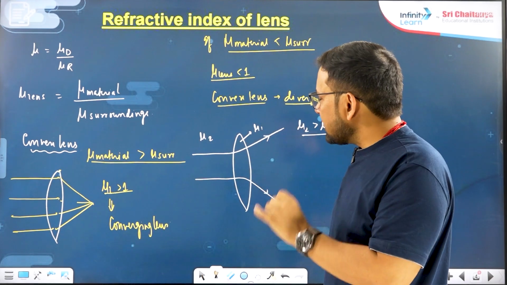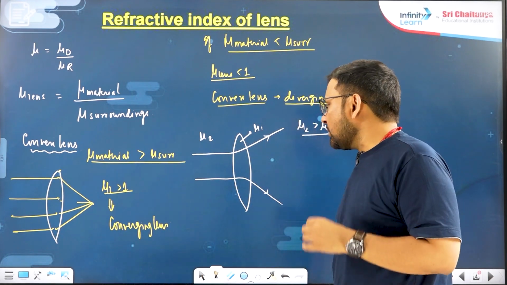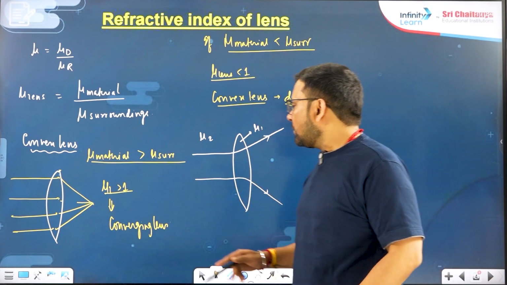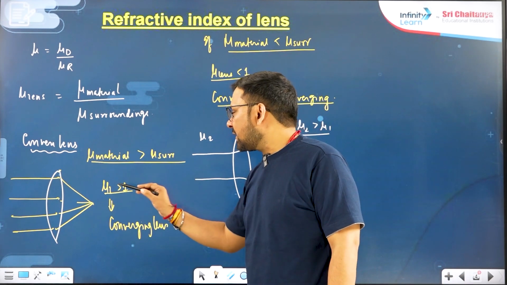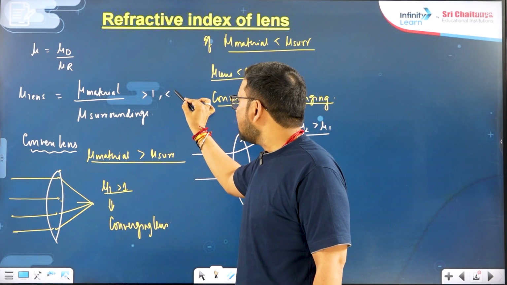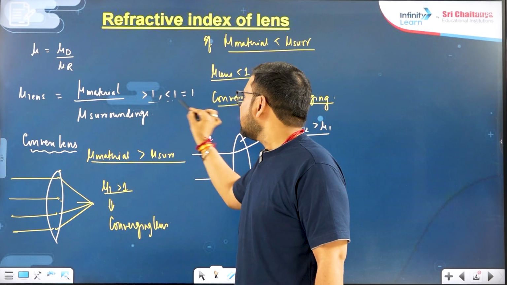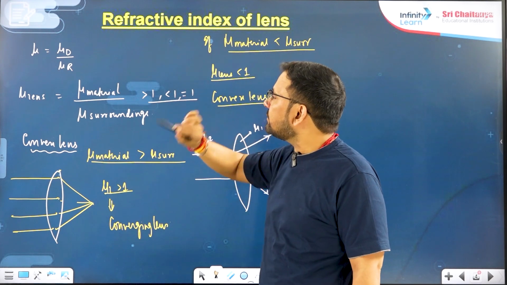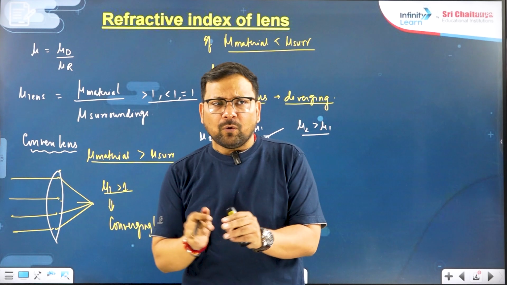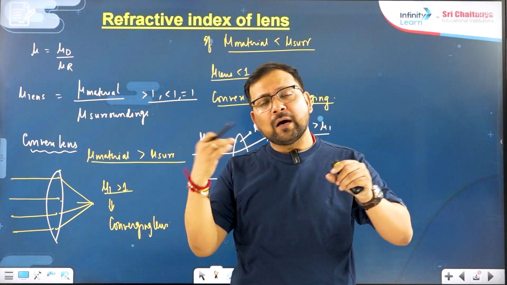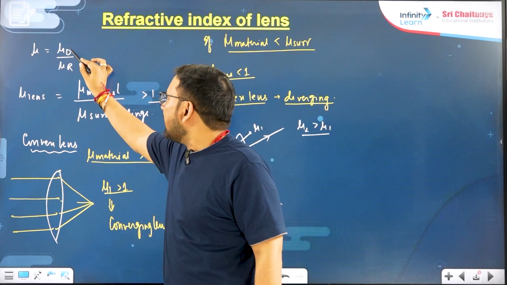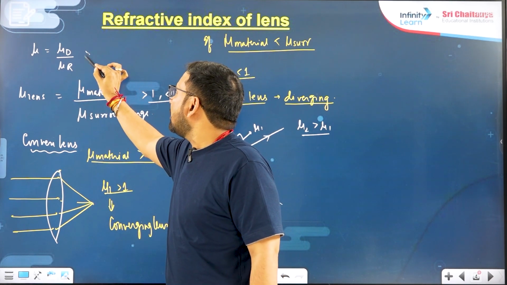So again, very simple basics of lens: we will not decide the nature of converging or diverging by merely knowing the name. What we will do is go by the refractive index comparison. Mu lens can be greater than 1, less than 1, or equal to 1. That's not the case otherwise. Otherwise, mu denser by mu rare, apart from the lens, for water or oil or glass, simple material refractive index, is always greater than 1.